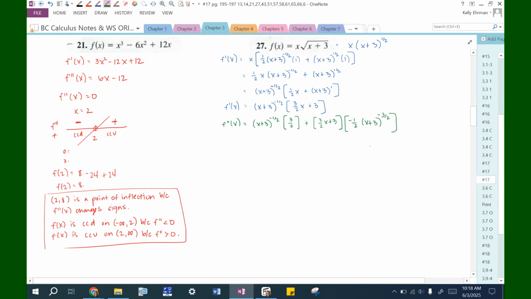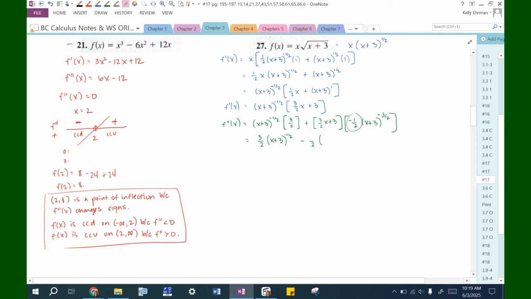Okay. Now, what do we have to look at here? I'm trying to look for a GCF. Let me clean it up just a little bit. So I have a 3 over 2 times x plus 3 to the negative 1/2. And then let's go ahead and do this. So minus 1/2. Actually, we can take a 3 out of this too, can't we?